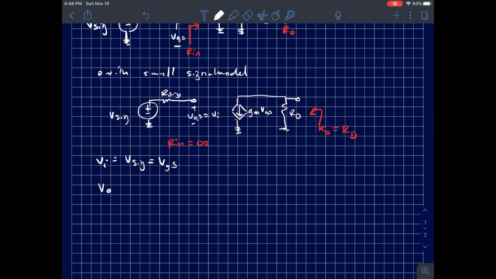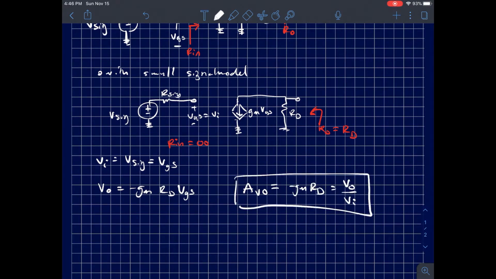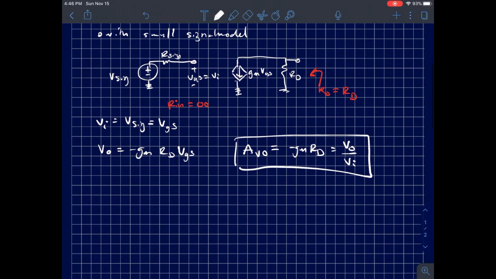Vout is equal to negative gm RD VGS, and we call Avo, the gain, negative gm RD. This is the gain Vo over Vi.